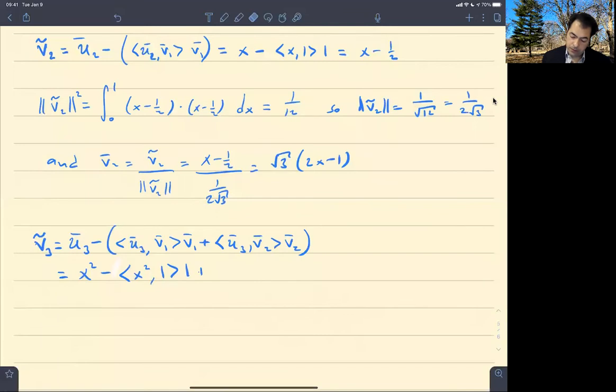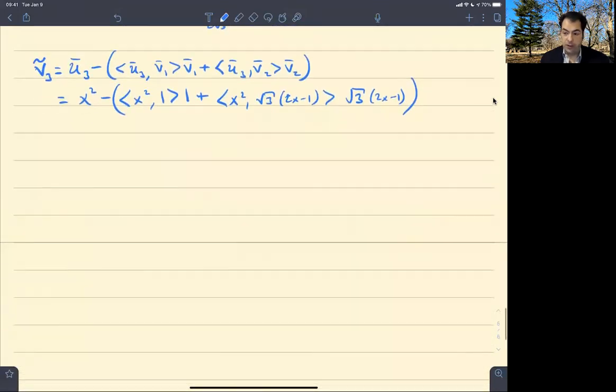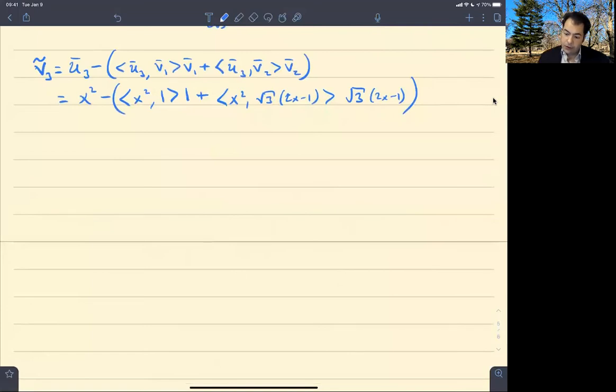And then plus the inner product of x squared with V2, where V2 is the square root of 3 times 2x minus 1, times V2, the square root of 3 times 2x minus 1. That expression is going to give us V3 tilde. I will jump ahead and tell you the answer. If you compute that, you get x squared minus x plus 1/6.